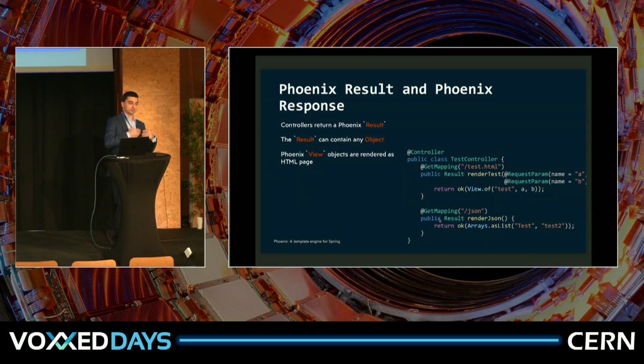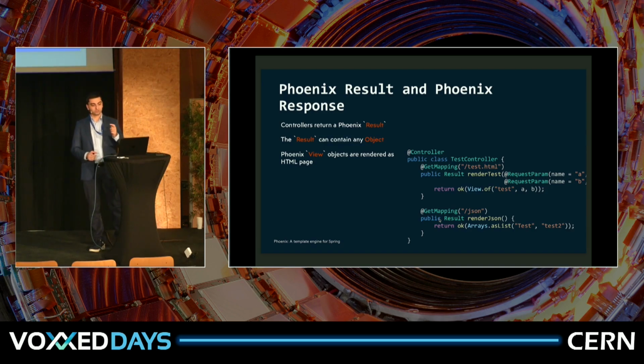Well, a result is the computation of the Phoenix template. And you can pass any object as long as it's serializable. If you pass a normal object, it will be translated to JSON, and it will return a JSON string back to the client. This way, Phoenix can be used easily in web apps that also need RESTful endpoints.